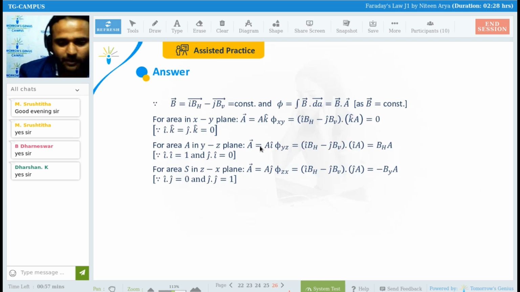So let's discuss. B equals I BH minus J BV is a constant, and phi equals B dot dA, or you can say B dot A, where B is constant. So everything is going to depend on the area. Is this clear? For the area in the XY plane, the area is A into K. What is the meaning of this?